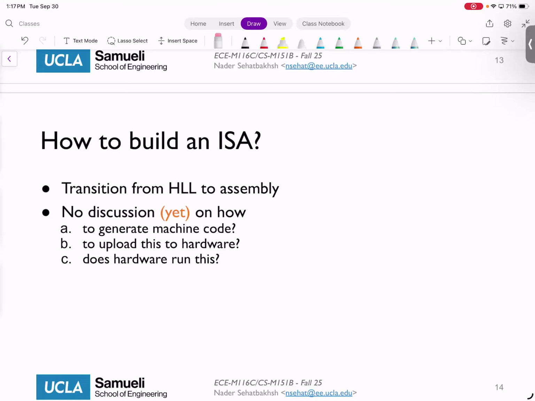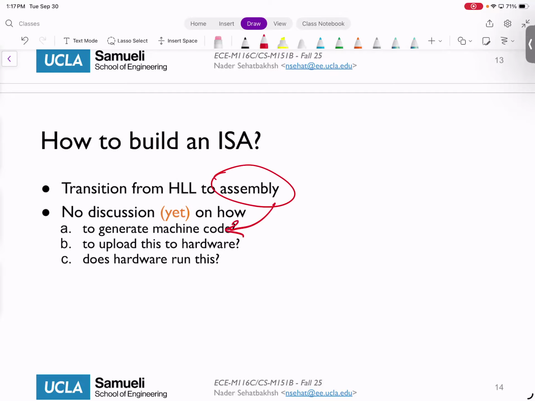Any other questions? Okay. So what is the process in order to build an ISA? Remember I told you that we start with an algorithm in a high-level language like C and Python. We take that high-level language and translate it into what we call assembly. The assembly is basically based on the ISA. So if I use the RISC-V ISA, the assembly that I generate is going to be based on the ISA. Then I generate what we call machine code.